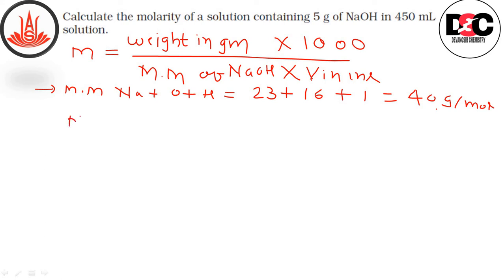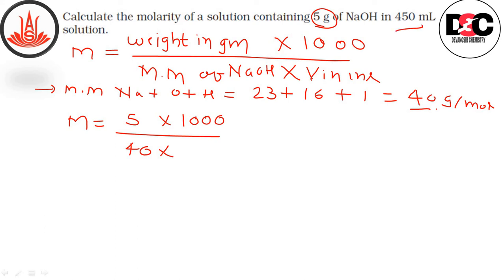Now keep all the values you already have. Weight in gram in the question they have given, that is 5 gram, multiplied by 1000 upon molar mass we have calculated, that is 40, and multiplied by volume in ml, that is 450.